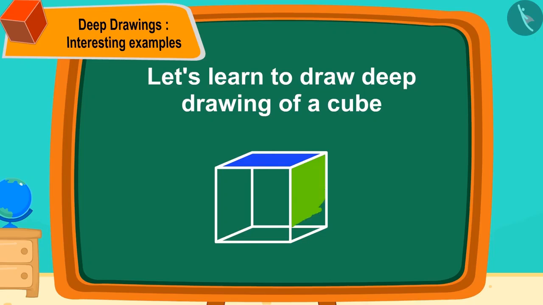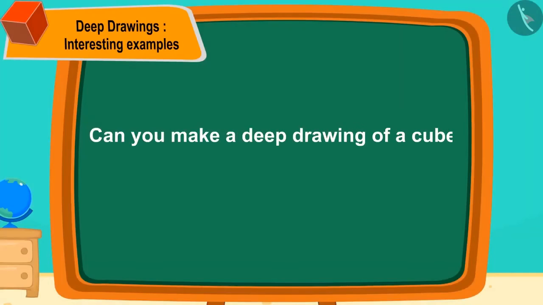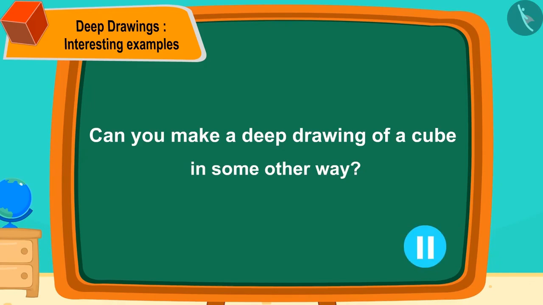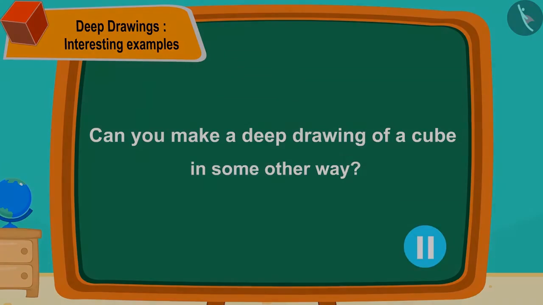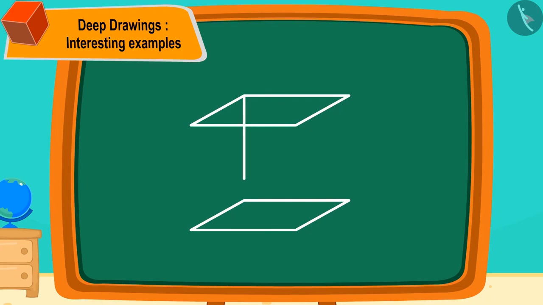It became a deep drawing of a cube. Isn't it easy? Can you make a deep drawing of a cube in some other way? You can try making it in your notebook by pausing the video. Children, you can also make a deep drawing of the cube in this way.